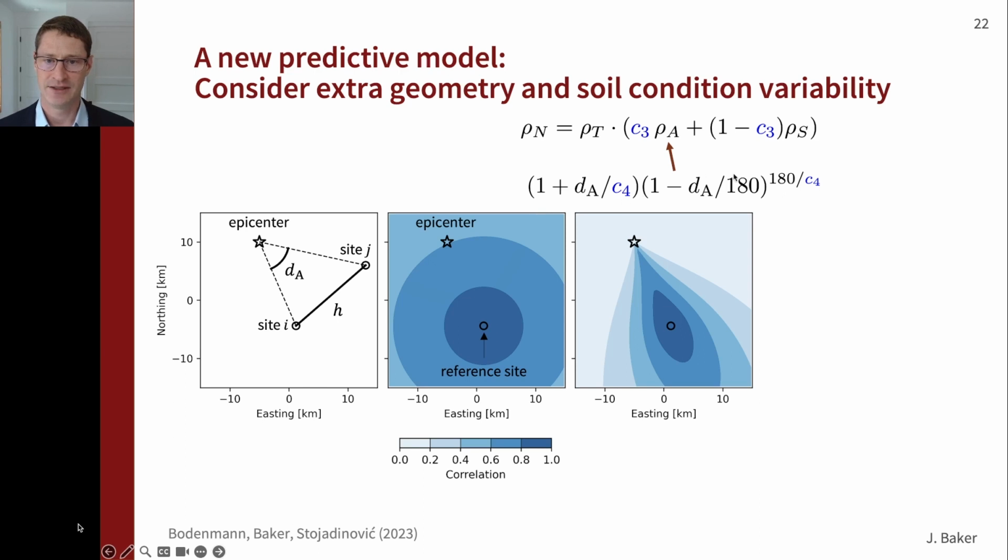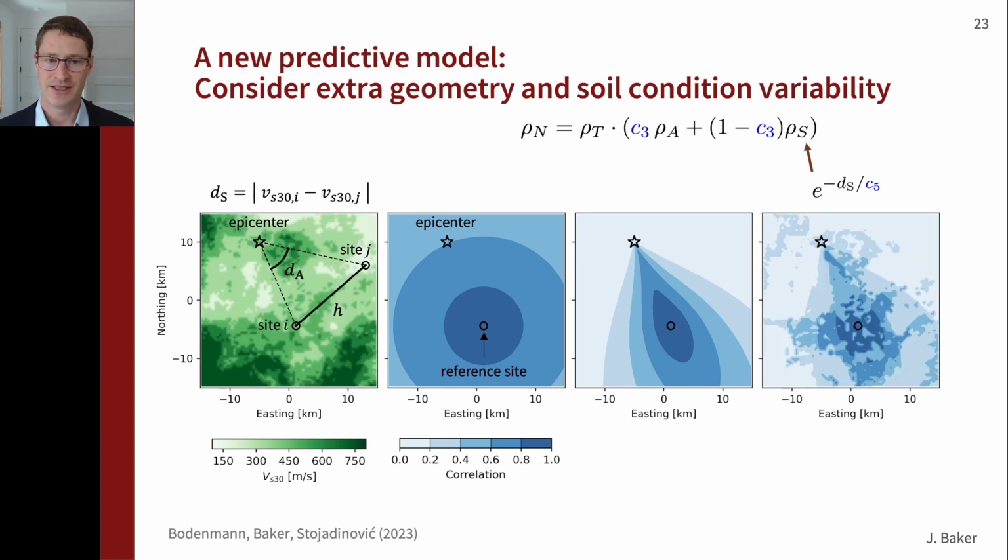So when we add that in with this functional form, what happens is that relative to that reference site, not all distances are equivalent. So if you move away from that reference site, but in a direction that's heading in the same angle relative to the earthquake, the correlations are higher. If you move in a direction that's changing the azimuthal angle, those correlations are going to decay more. And so we've got this consideration of shared wave propagation paths in that term.